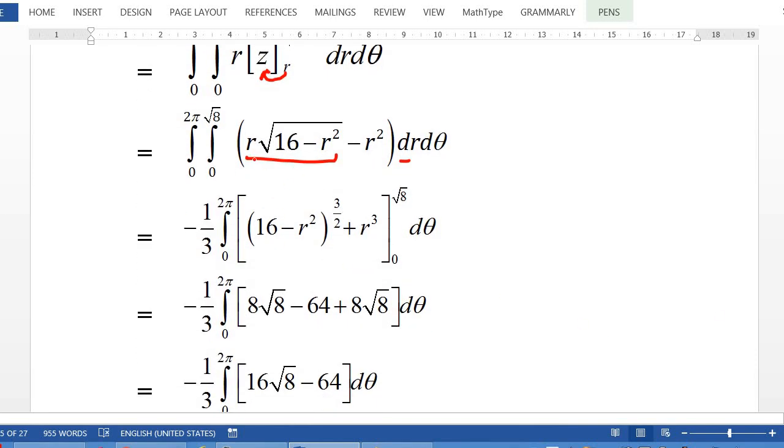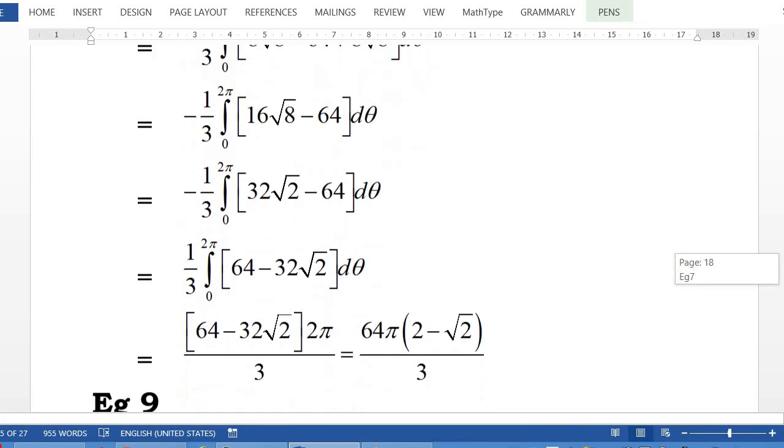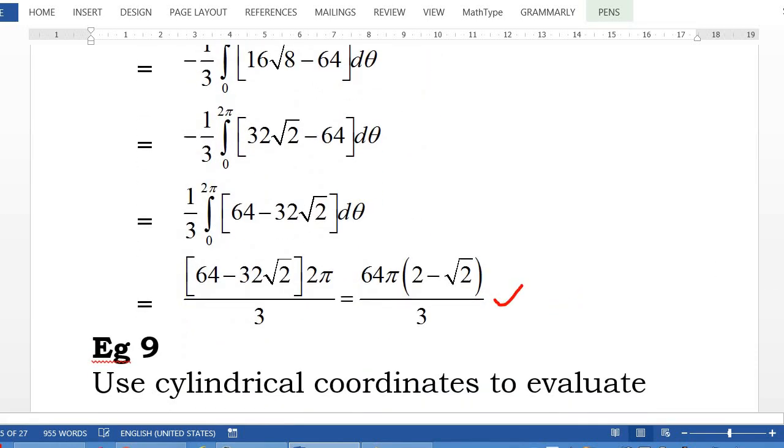Integrating r root of 16 minus r squared gives negative 1/3 of 16 minus r squared to the power 3 over 2, and integrating negative r squared gives negative r cubed over 3. So this will be positive, and this is negative r cubed over 3. Plug in the limit, and integrate with respect to theta later on. Finally, this is the answer.